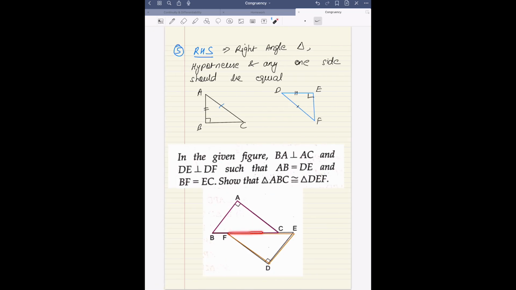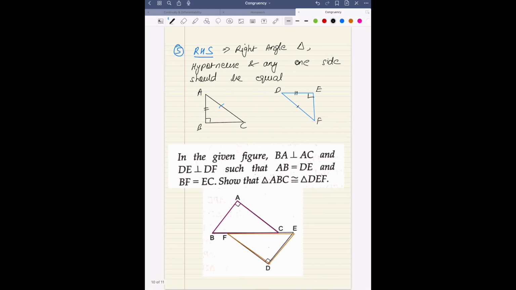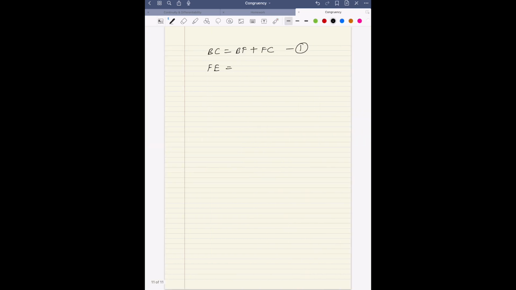Then similarly, FE can be written as CE plus CF, the addition of two sides. So CE plus, or you can call it, FC.